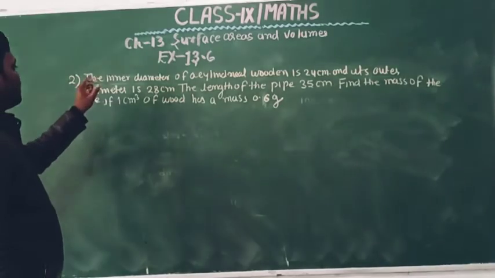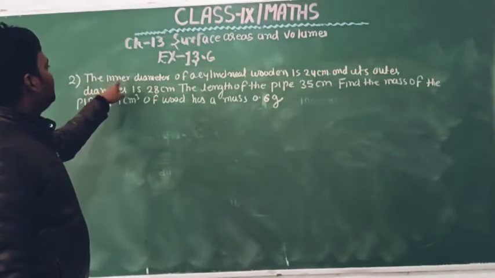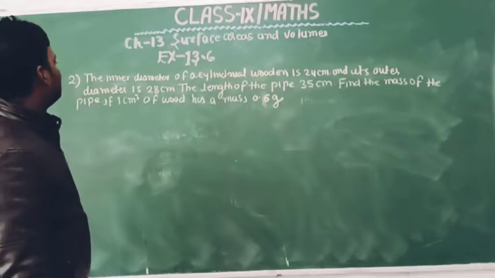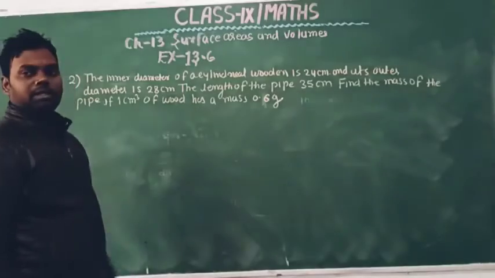So in this problem we are given the inner diameter of the cylindrical wooden pipe as 24 centimeter and the outer diameter as 28 centimeter.